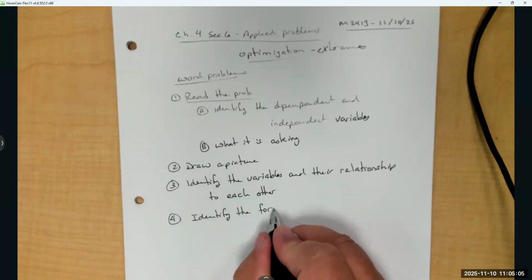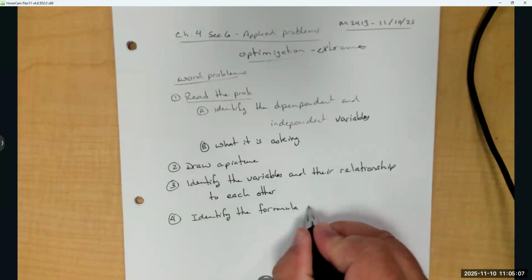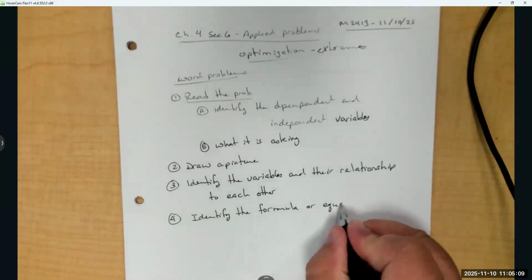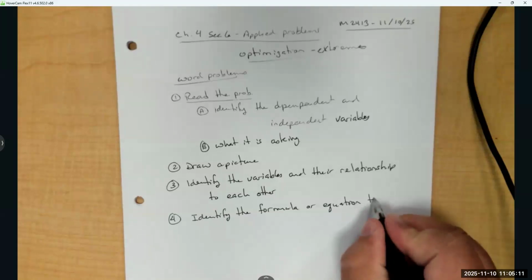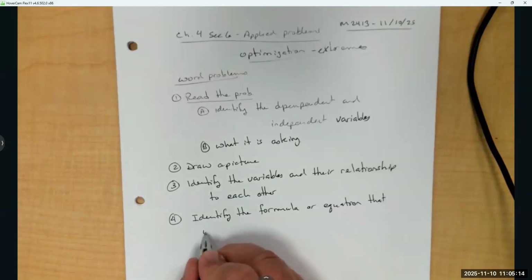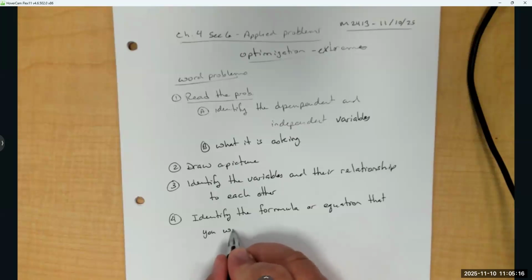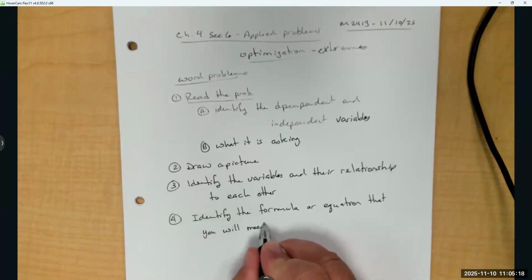Identify the formula or equation that you will need.